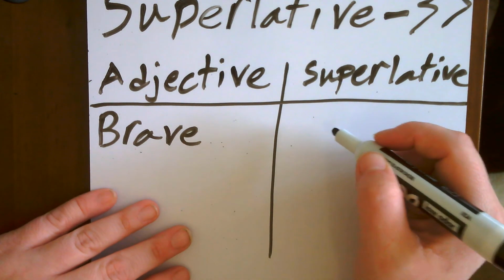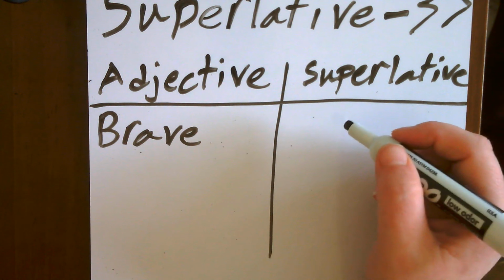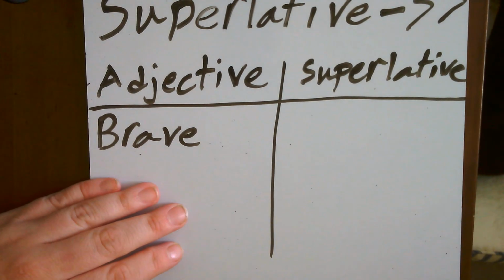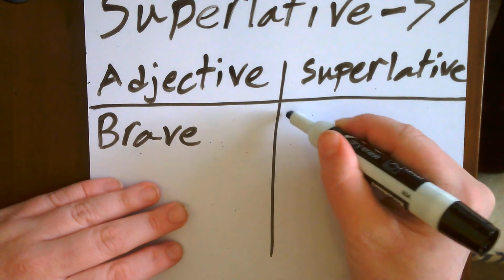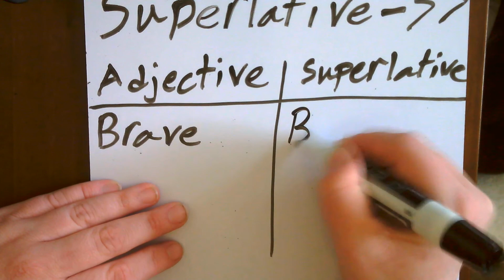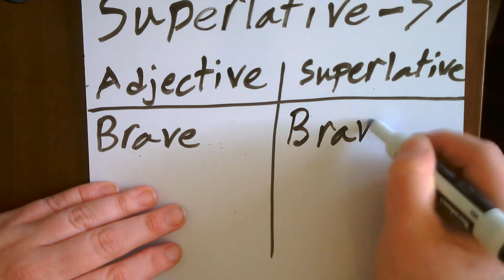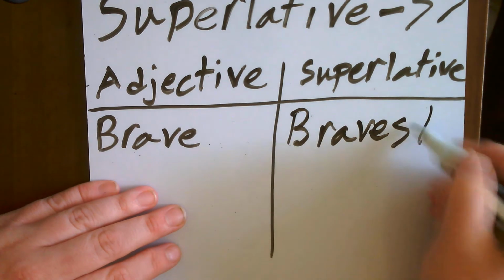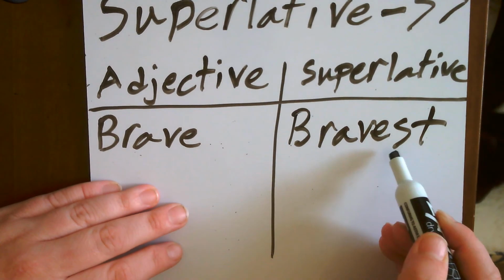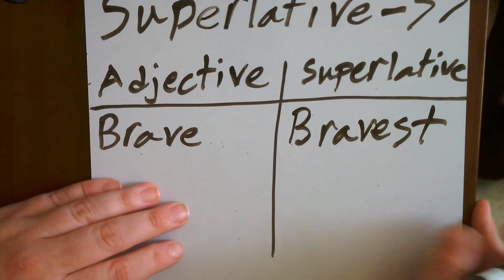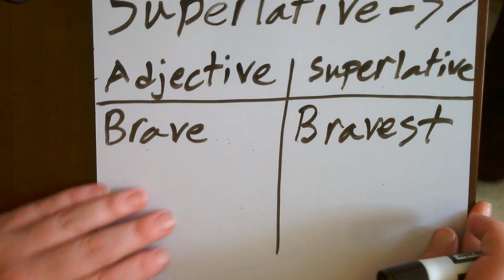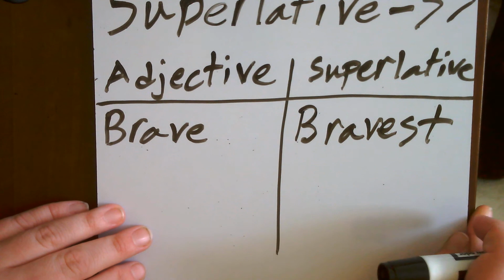You may not always see that on your paper, but when you use it in a sentence, you're going to say the bravest. Okay? But on here, let's look at it this way. Bravest. Okay? Of the three of us, Luca is the bravest. He is the most. Okay?